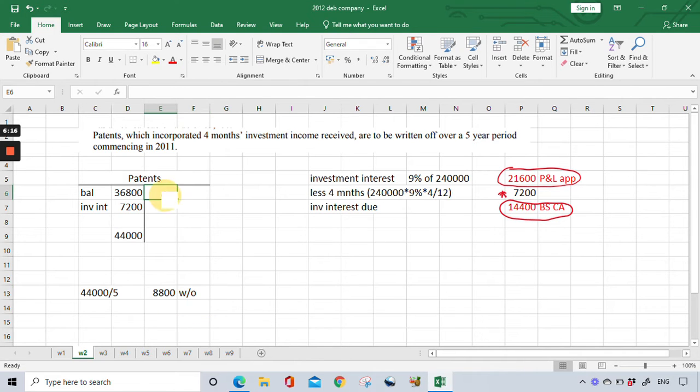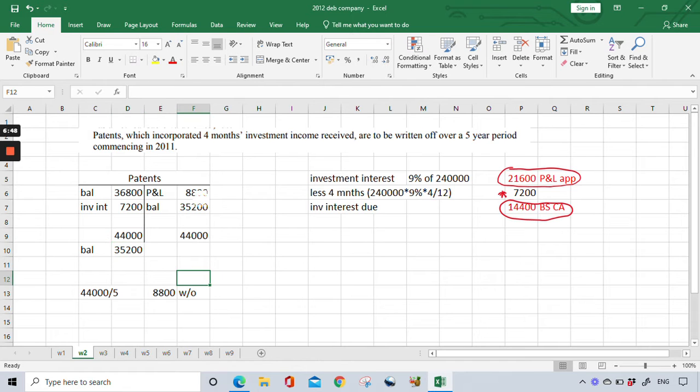So I'm going to put that up here. P and L, that's 8,800 written off. So now I'm just going to balance this account to find out my patents figure for the balance sheet. We add up both sides, big number goes on both sides, difference goes above the small side and below the big side, and the difference in this one is 35,200. That's the figure I'm looking for.